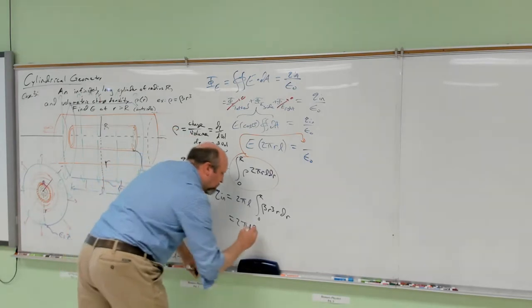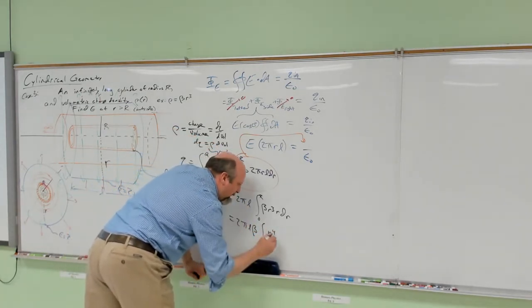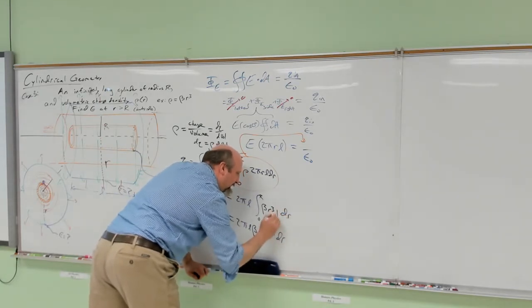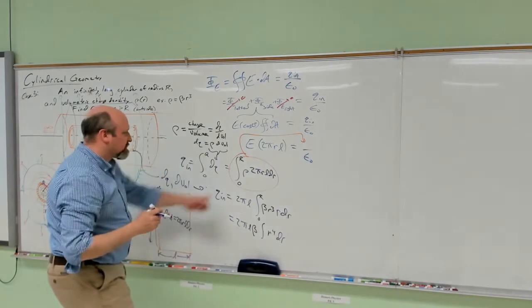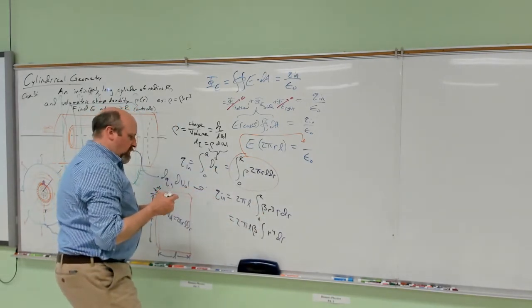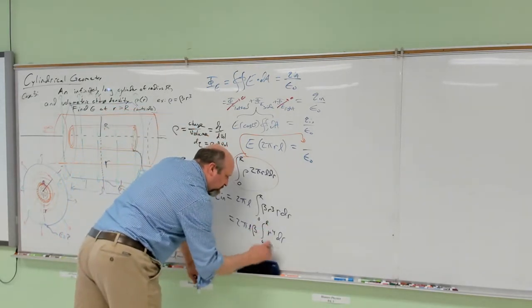Now, the integral of r to the 4th dr. That r is from the original thing. This is just the beta plugged in, the rho plugged in. So now what have I got? The integral of r to the 4th is 1/5 r to the 5th.